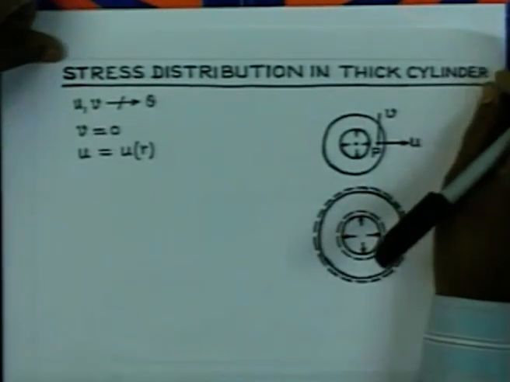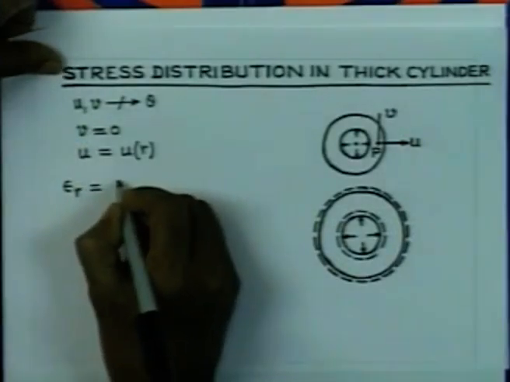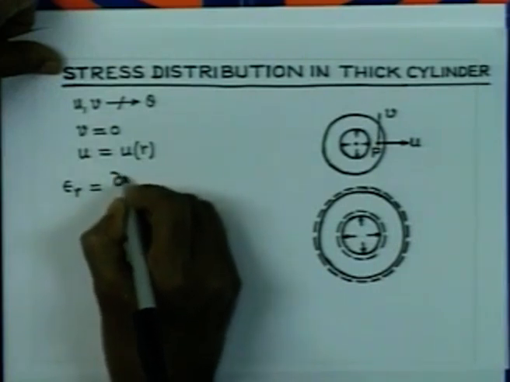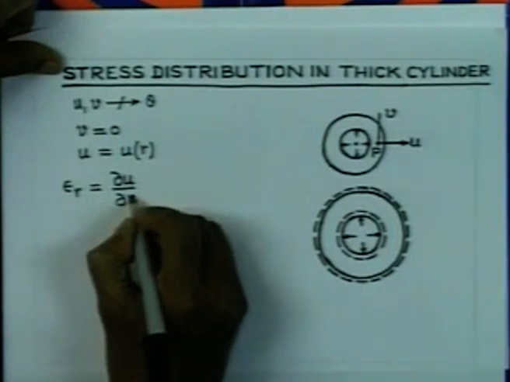Now, let us consider the strains. If we consider epsilon r, you remember that epsilon r in polar coordinates was given by delta u delta r.